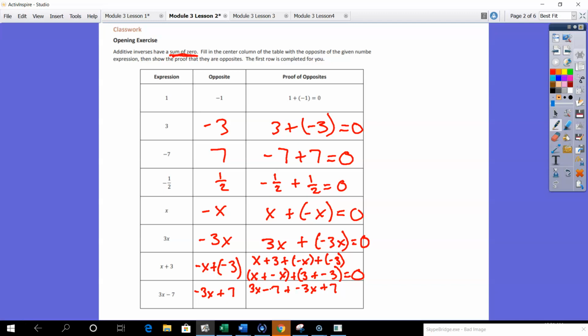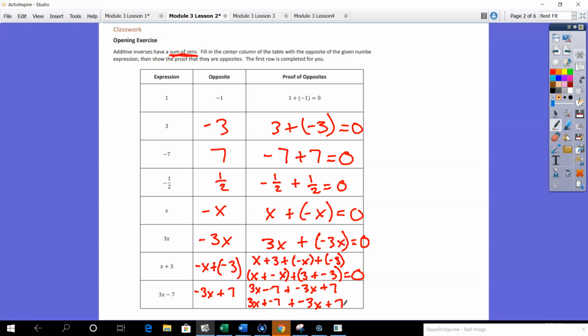Okay, so we would change this to 3x plus -7 in order to move it around, plus -3x plus 7.